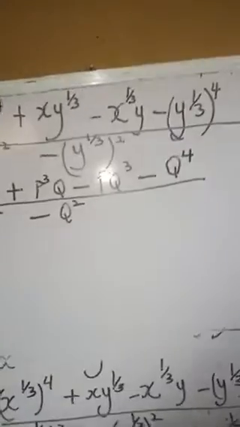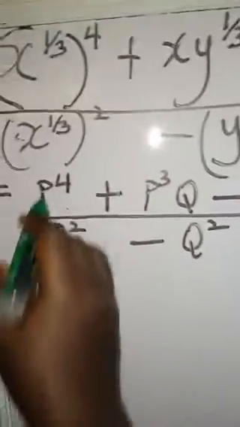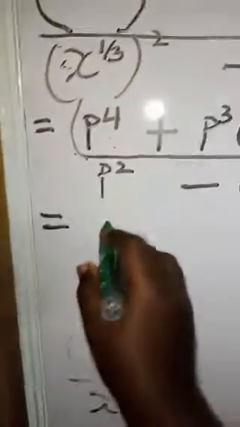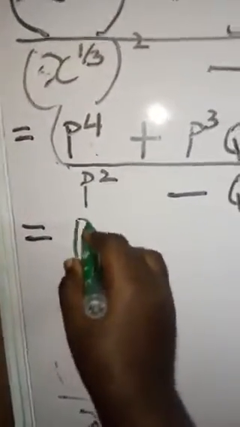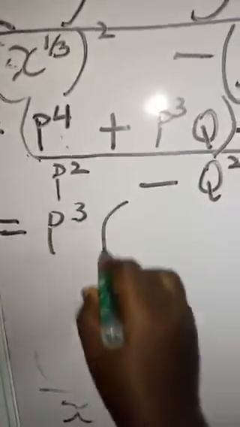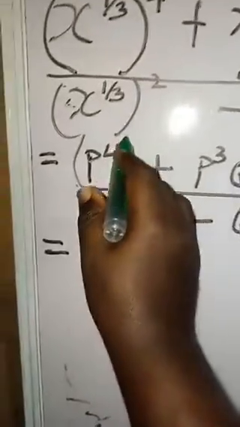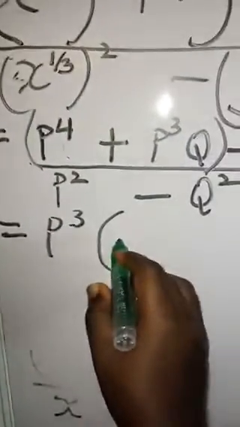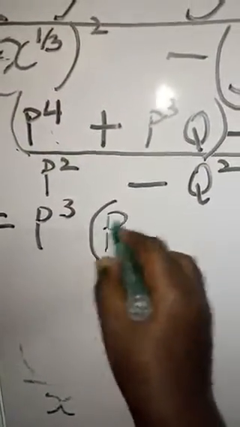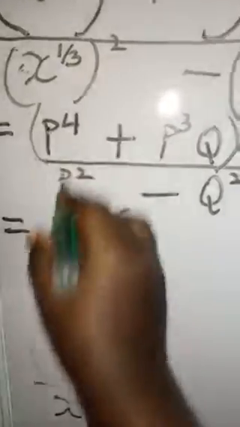So now we can factorize what we have up here. So let us factorize. I want to group in twos. P raised to power 3 is common. So p raised to power 3 is the highest common factor. P raised to power 4 divided by p raised to power 3 will be left with 1p. 1 plus 3, that is 4.